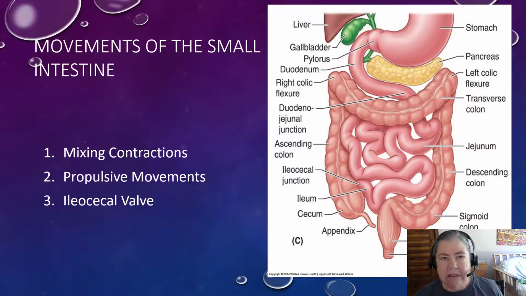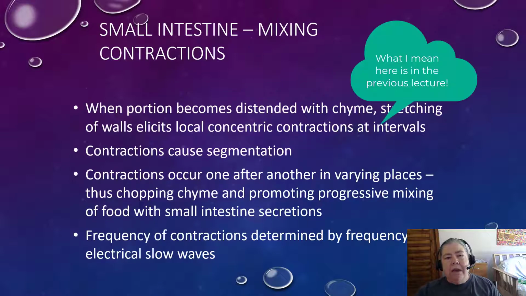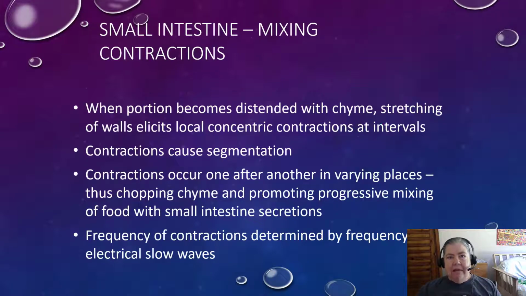reaches the ileocecal valve. So mixing contractions, we talked about this a little bit yesterday. When there are portions of the intestine that become distended, there are mechanoreceptors that detect the stretch and cause contraction of circular muscle to have concentric contractions at intervals along a segment of the small intestine, which segments the chyme in the small intestine.